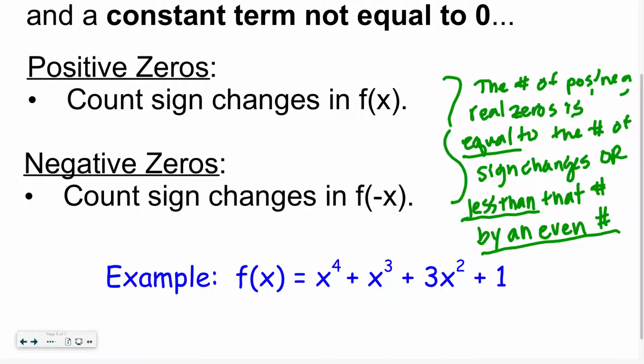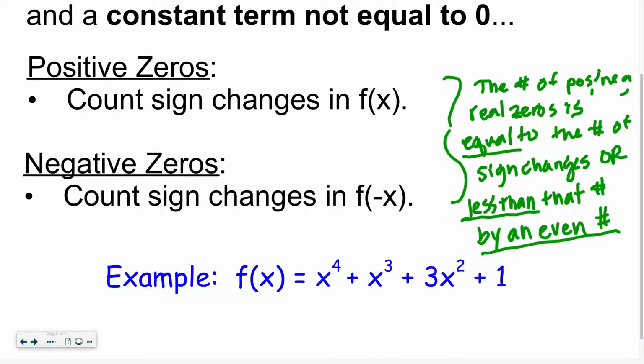So if you have 0 sign changes, you have 0 real positive or negative zeros, whichever one you're counting. You're done. If you have 1 sign change, you have 1 positive or negative real zero, and you're done because you can't go less than 1 by an even number. If you count 2 sign changes, then when you tell us how many possible positive or negative real zeros there are, you would say 2 or 0.